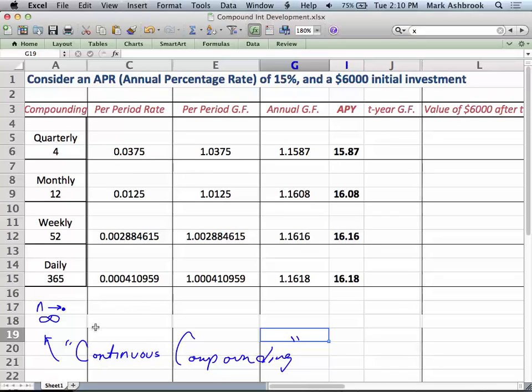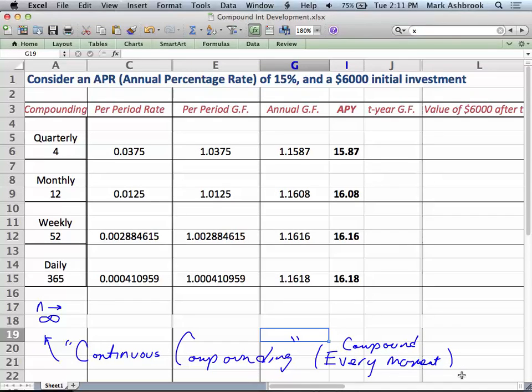So continuous compounding means that our n value is just getting really, really large, which just means like compound every moment.